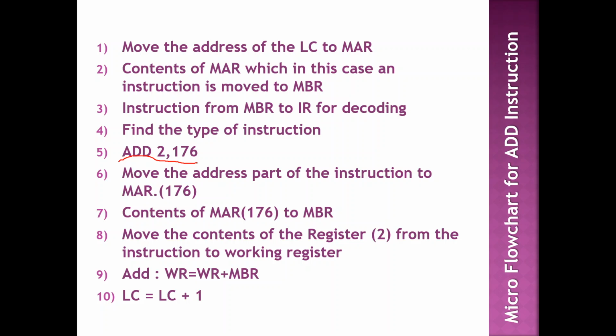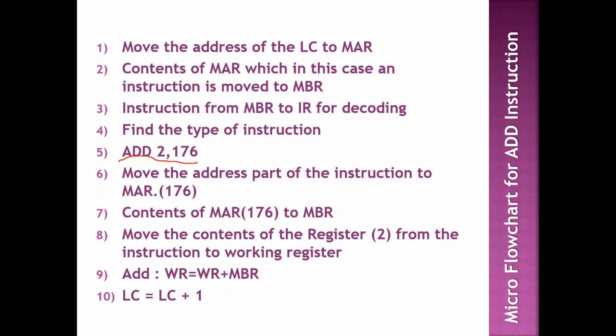There won't be abbreviations like in a microprocessor, where we had B, C, D, E, H, L. Here we only use numbers. Here 2 means it's a register. Contents of memory location 176, one number will be there. That number has to be added with the contents of register 2, where another number will be there. I will add both numbers and the result will be stored in register 2 only.